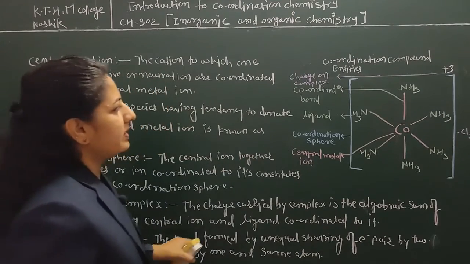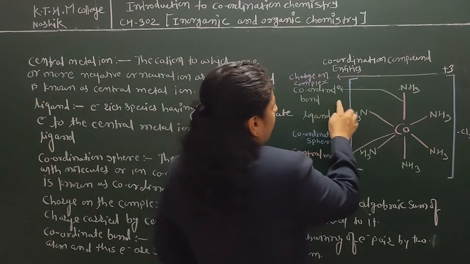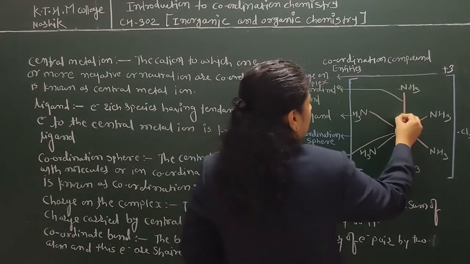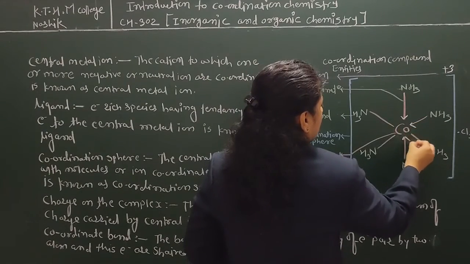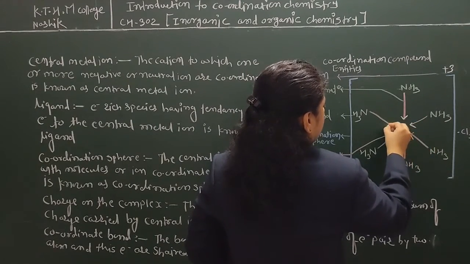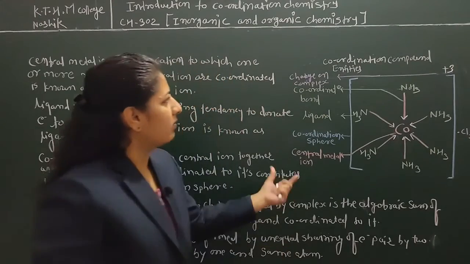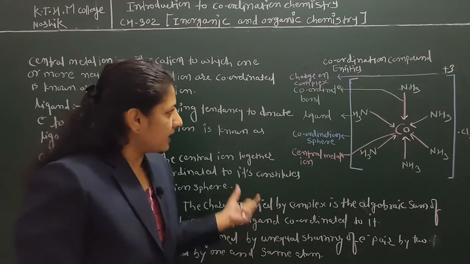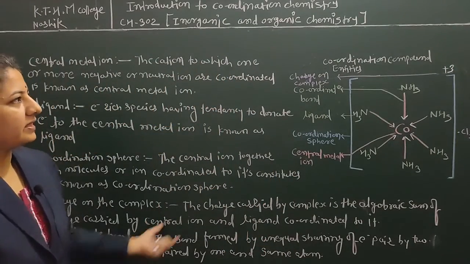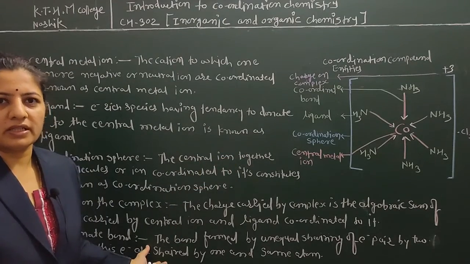This is known as a coordinate bond. Here the bond formed between the central metal atom and the ligand is a coordinate bond. So these are the terms related to the coordination compound entities.